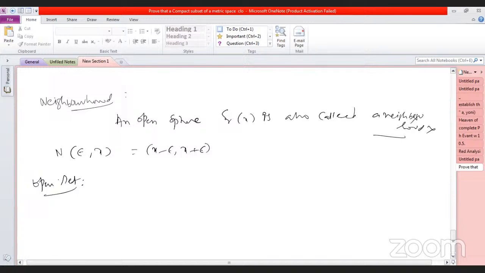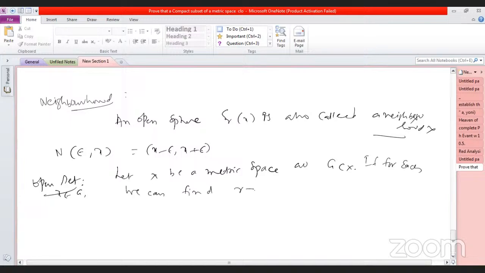What is open set? Let X be a metric space and G a subset of X. If for each x belongs to G we can find r greater than 0 such that S_r(x) is a subset of G, we say that G is open or closed?